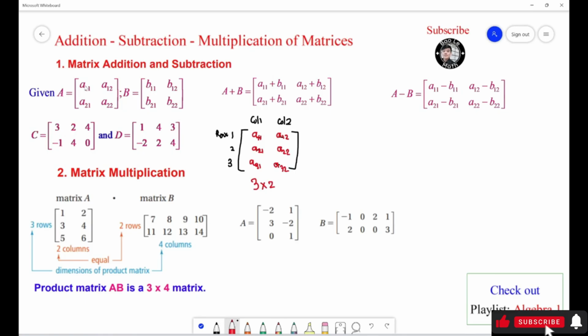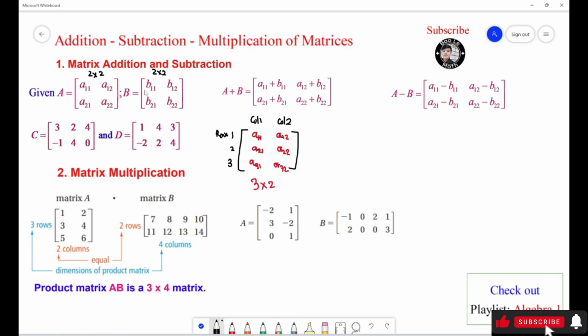Now we look at this one. The dimension of this matrix is 2 by 2. When you add or subtract two matrices, make sure they have the same dimension. If they have different dimensions, you cannot add or subtract, so keep that in mind.